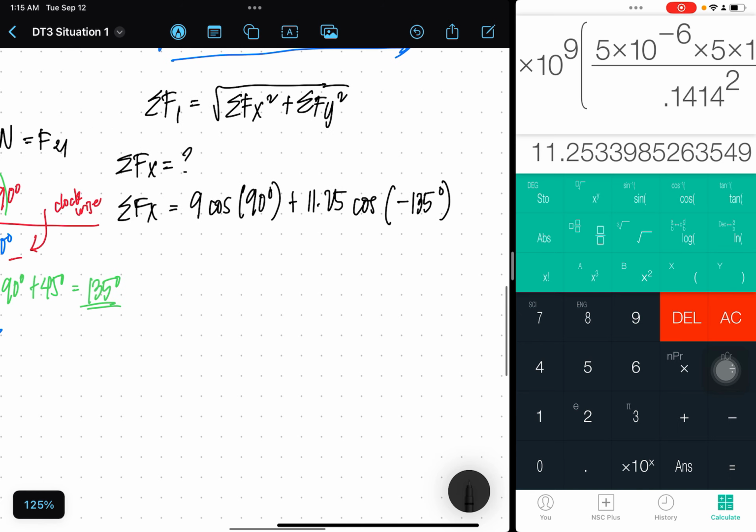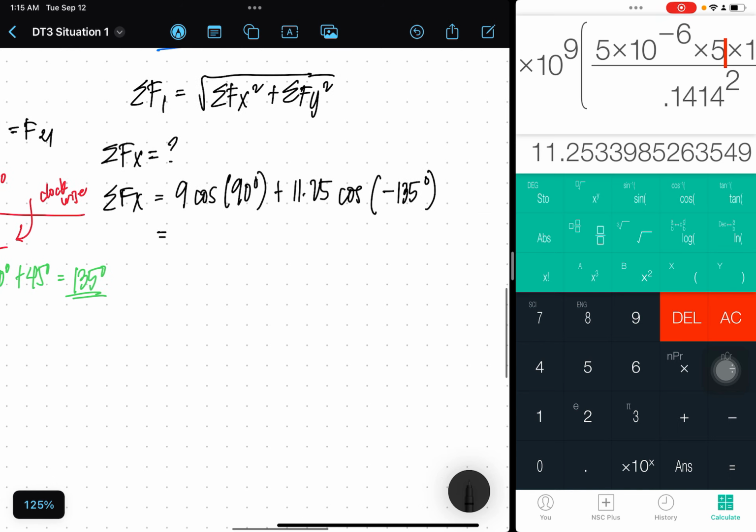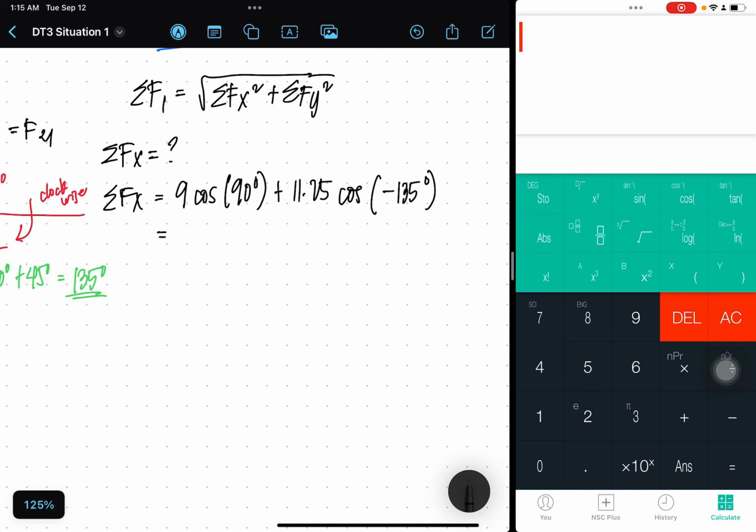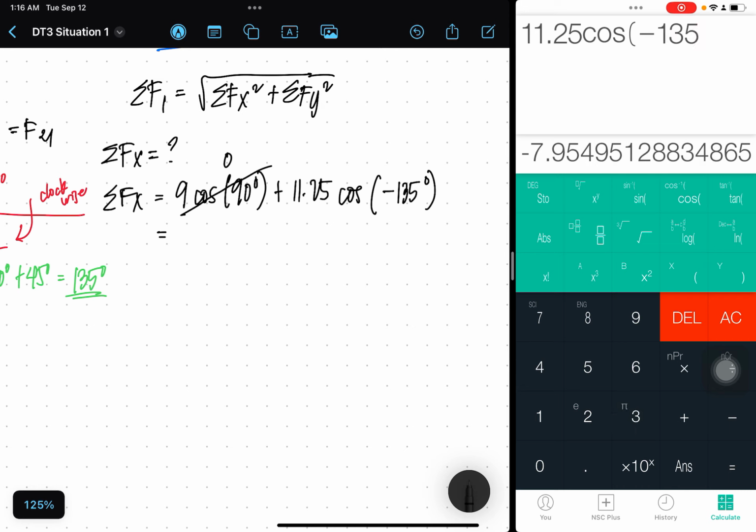Okay? So, using our calculator, we are able to come up with an answer of 9 cosine 90 degrees. So, kung mapapansin nyo, 0 lang din po ito. Kasi cosine 90 degrees is 0. Then, 11.25 cosine negative 135.